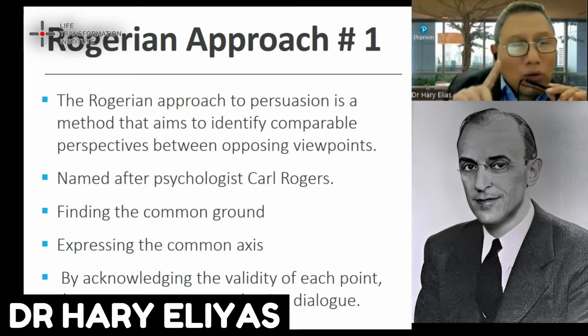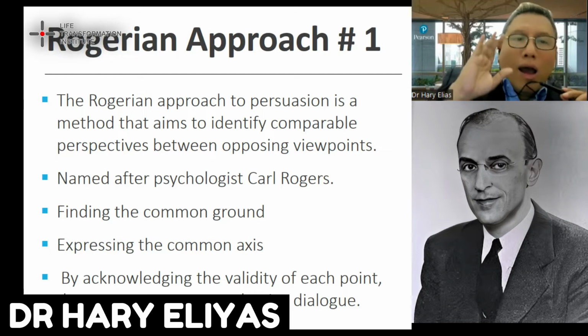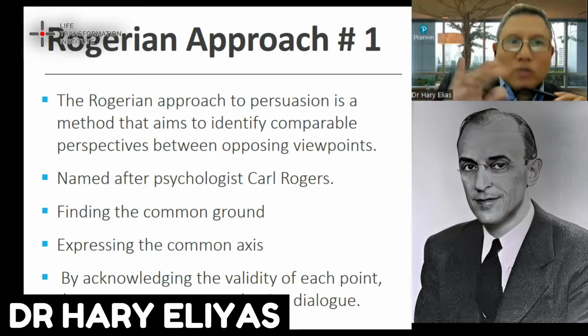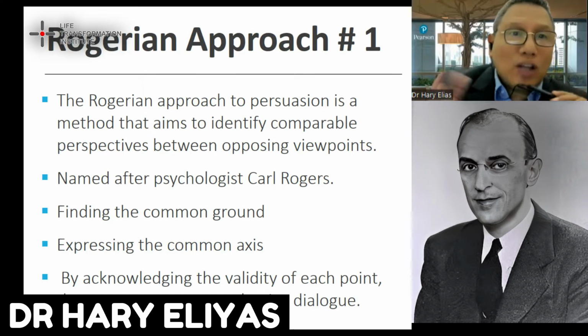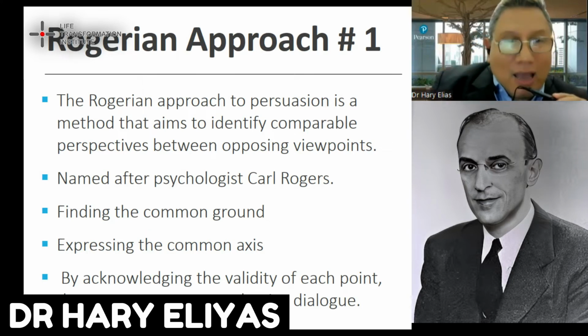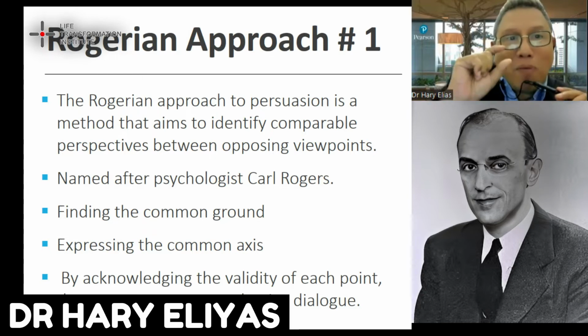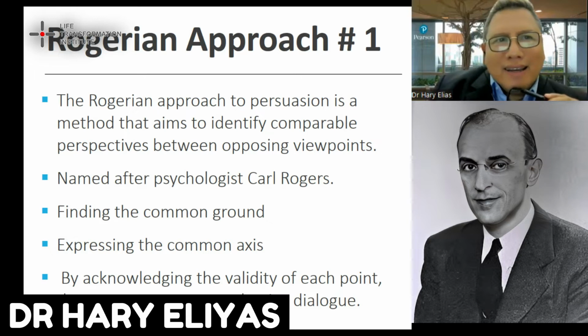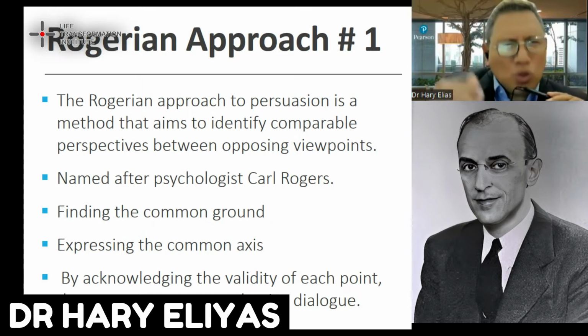Now, according to the Rogerian approach, what happens is that both parties, from his research, start to have a different attitude to each other. There is a build-up of trust because at some point of time, both parties are going to say, padahal kita itu sama ya, we have the same goal, we have the same tujuan.